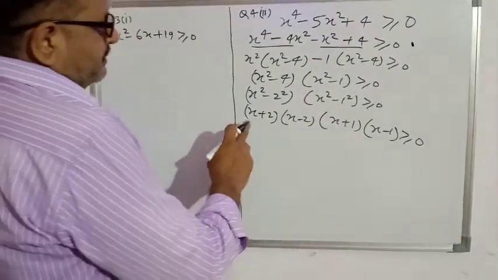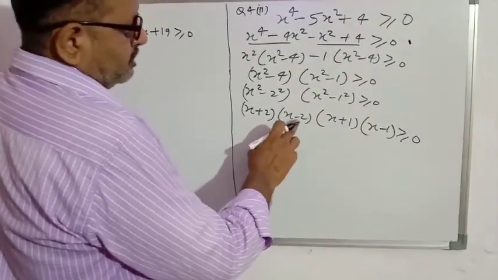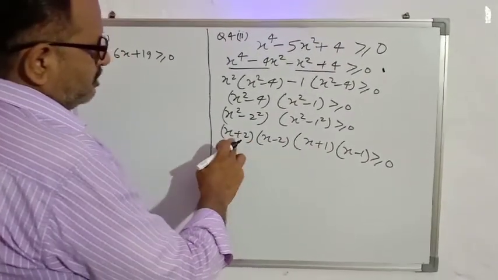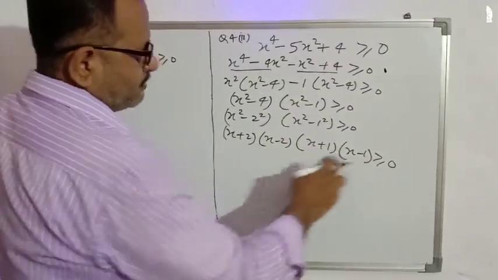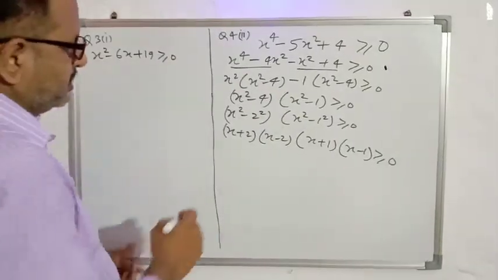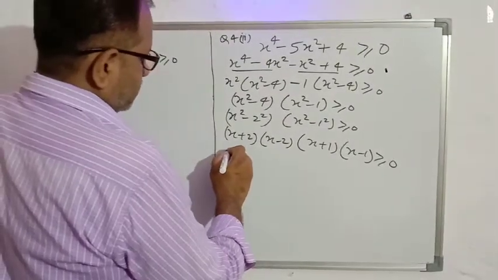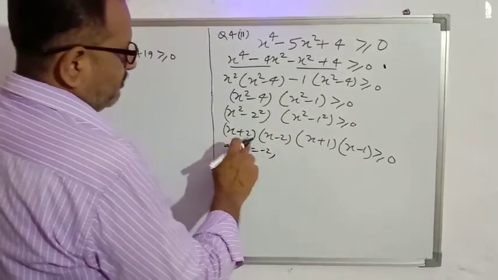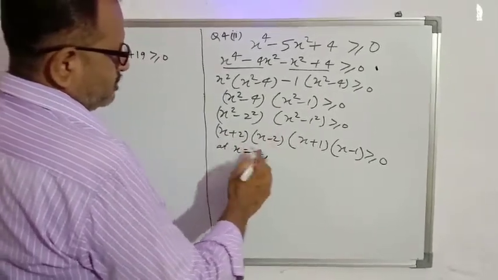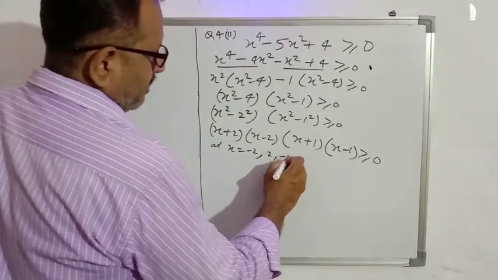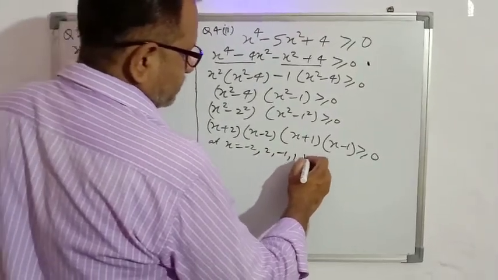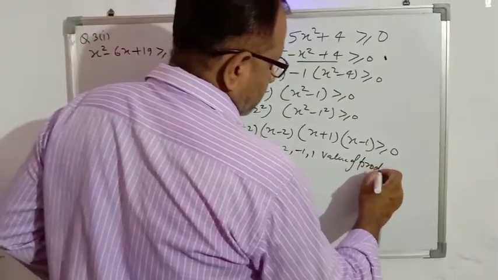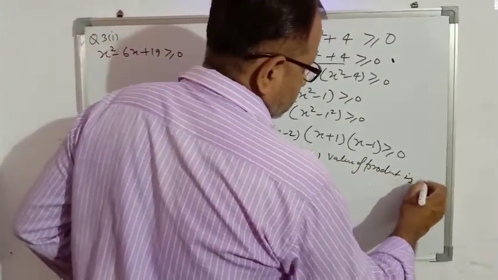So we know that at x is equal to 2, x is equal to 1, x is equal to minus 1, x is equal to minus 2, the value of this product will be 0. So at x is equal to minus 2, when we equate x plus 2 to 0, x will come minus 2, and similarly 1, the value of the product is 0.